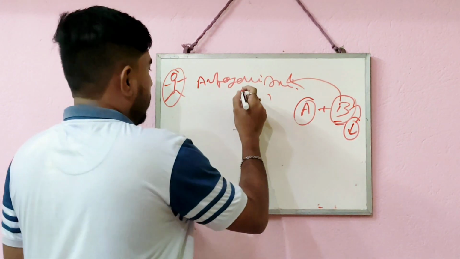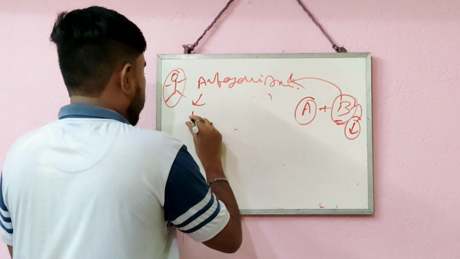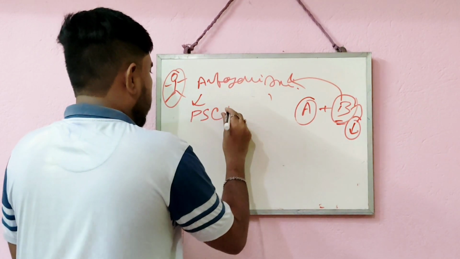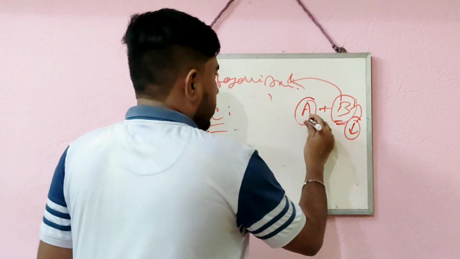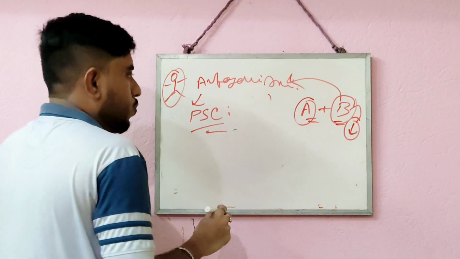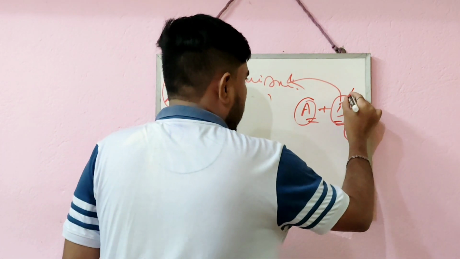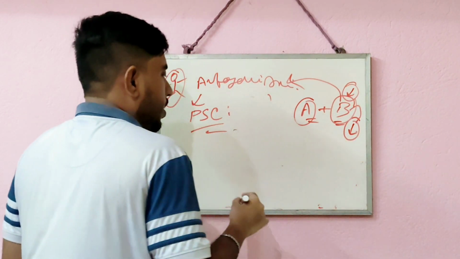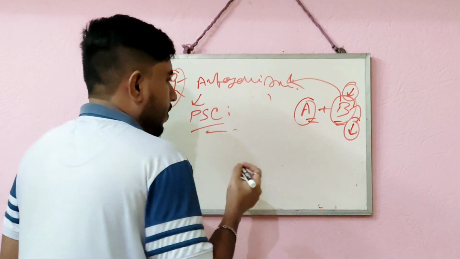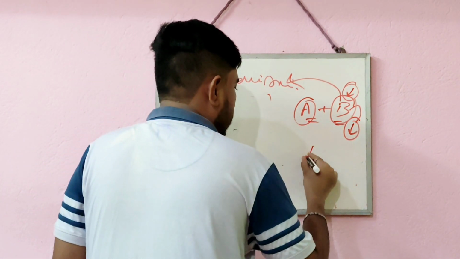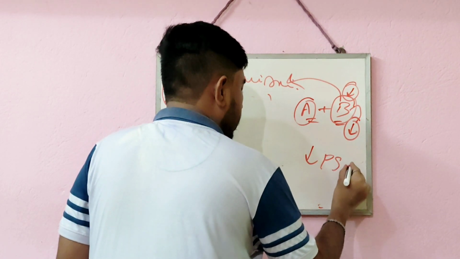The first antagonism we have to study is physical antagonism. In physical antagonism, one drug, that is A, is going to decrease or inhibit the action of another drug by affecting its physical properties. So how will it decrease another drug's action?